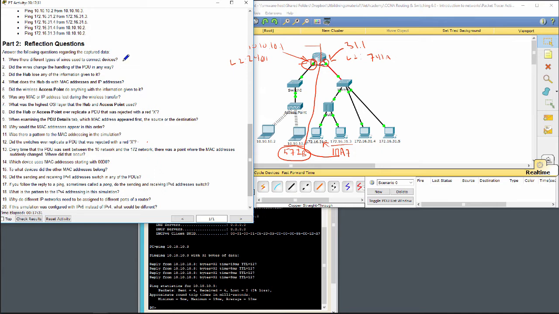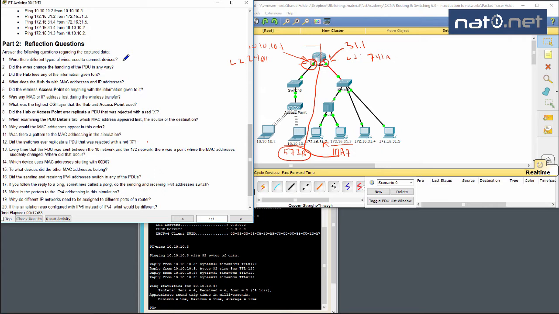Question number 2, did the wires change the handling of the PDU in any way? I guess they mean that does it matter if we're using copper or fiber? And the answer to that is no. Nothing happens. The packet, the PDUs are not changed.